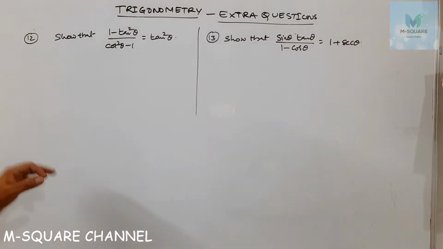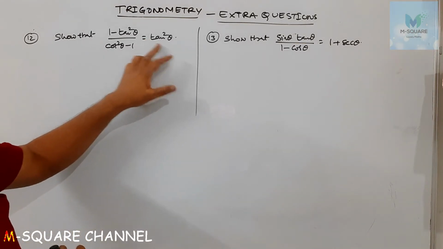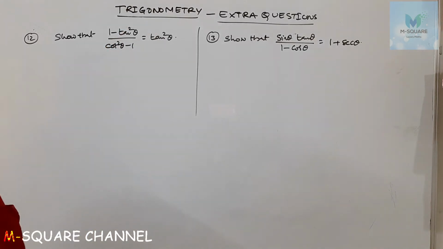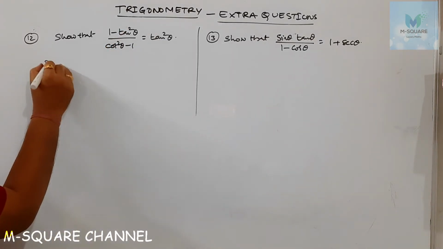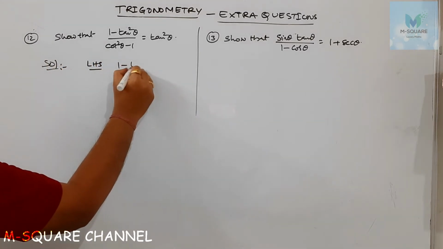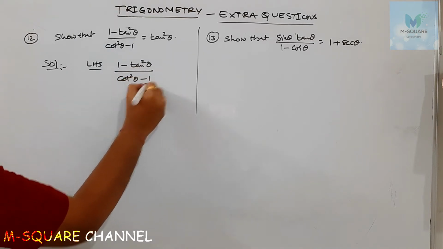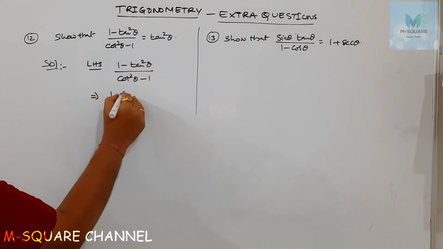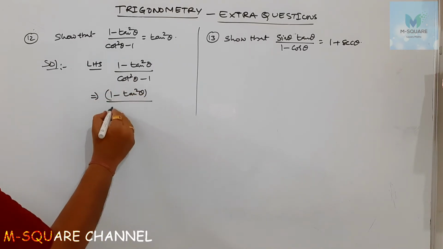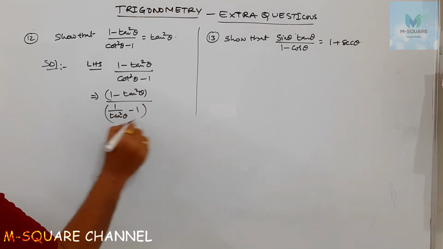In these two questions, show that (1 minus tan square theta) by (cot square theta minus 1) equals tan square theta. You can change any one, you can get this answer. Here, LHS is 1 minus tan square theta by cot square theta minus 1. So the numerator you write the same, no problem. Cot theta converts into 1 by tan theta, so cot square is 1 by tan square theta.